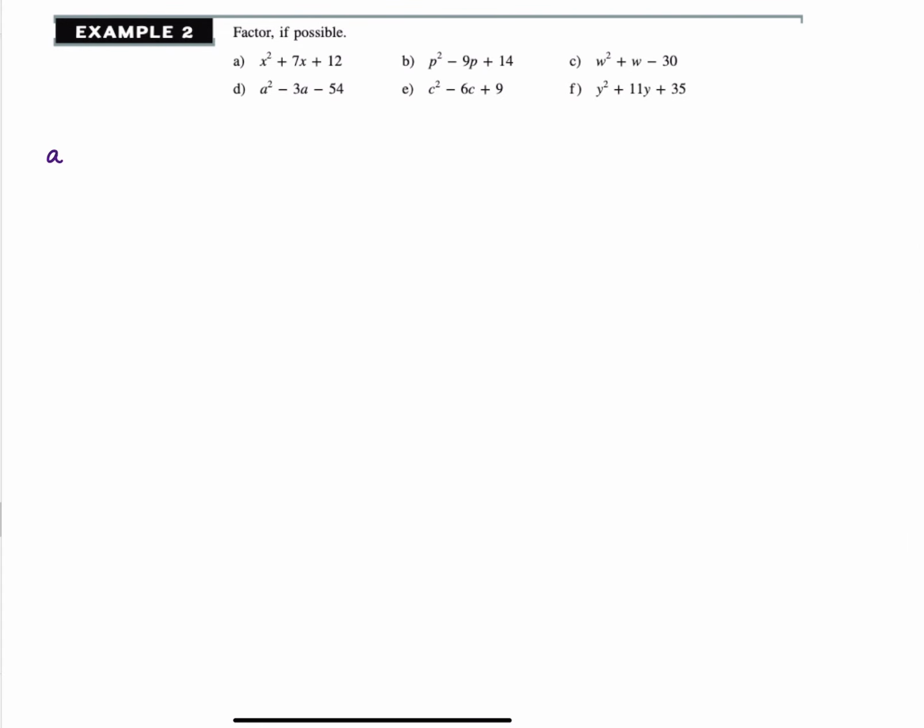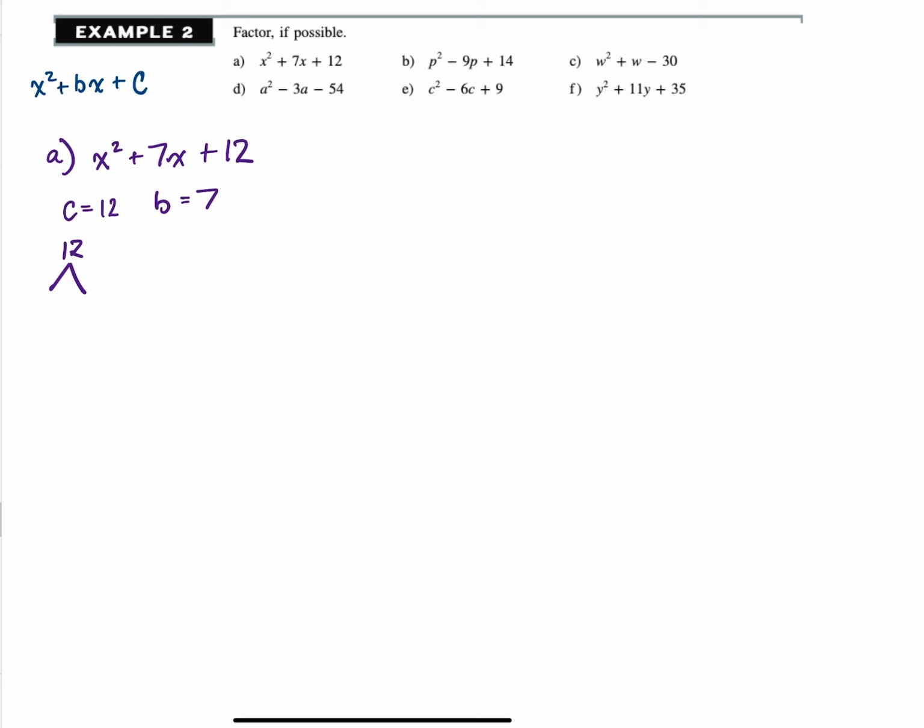So let's take a look at these examples and follow this process. We'll start with x squared plus 7x plus 12. And we're viewing it as this general form, x squared plus bx plus c. So in this first case, our c term is 12 and our b term is 7. So we're looking at factors of 12, so factors of our c term that add up to our middle term, 7.